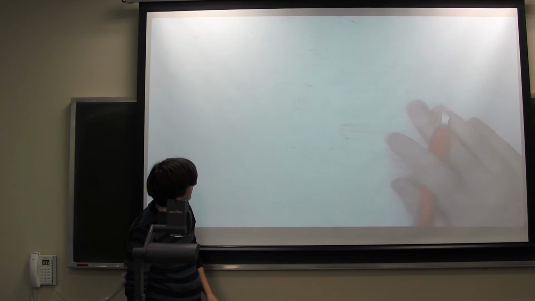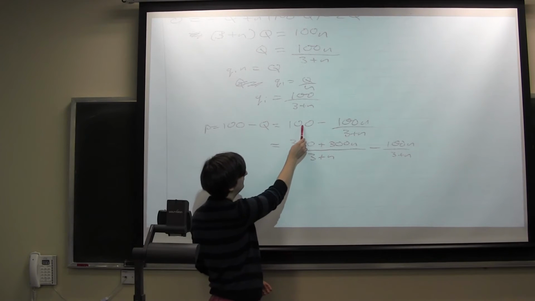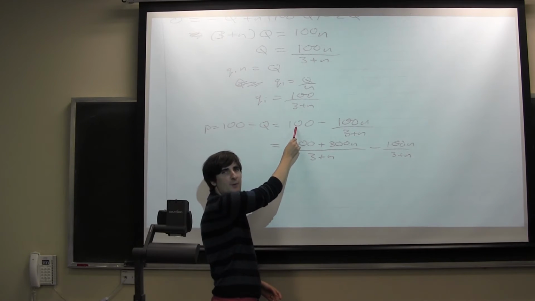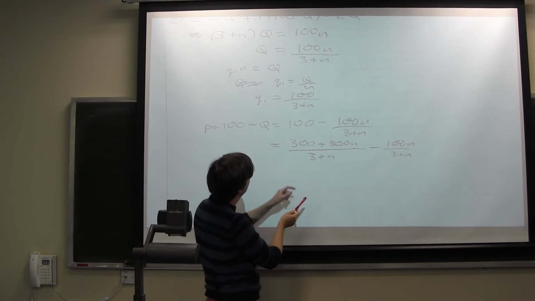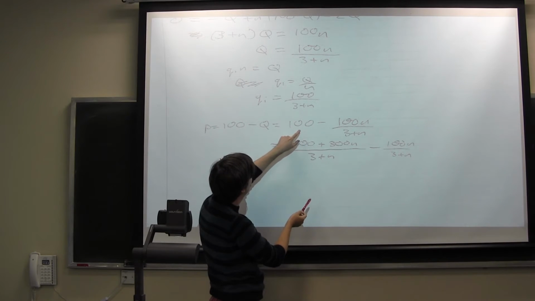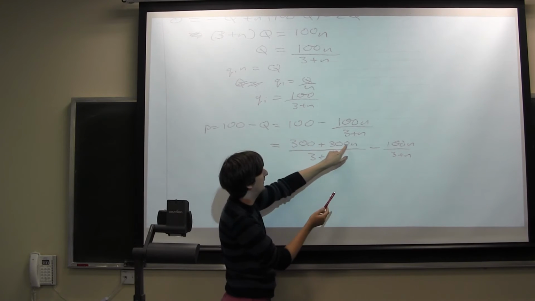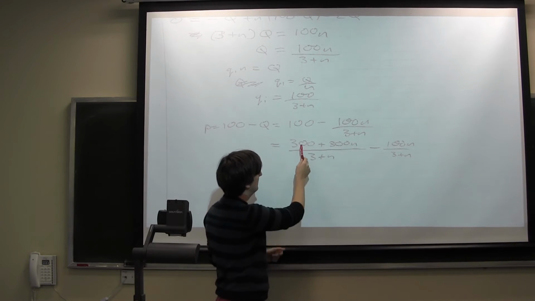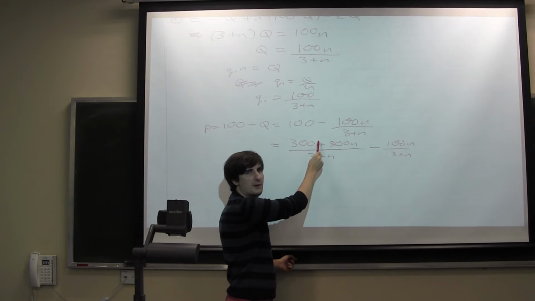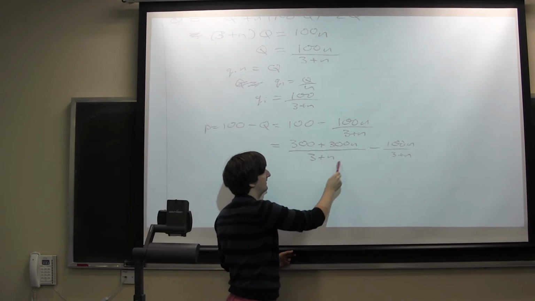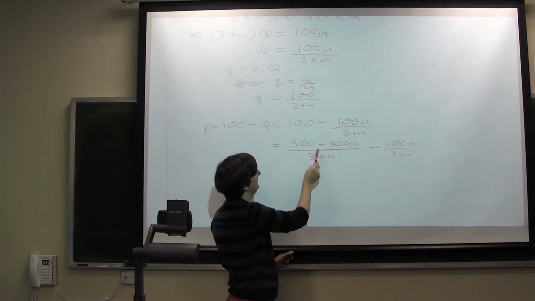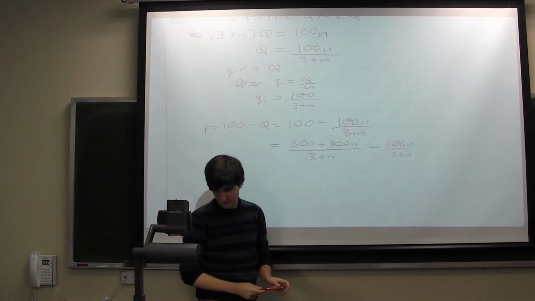All I've done is rewritten 100 in a different way. If you look at this fraction, this is 300 plus 300 times n, so you can think of that as 100 times 3 plus n, all divided by 3 plus n. So this thing is just 100.